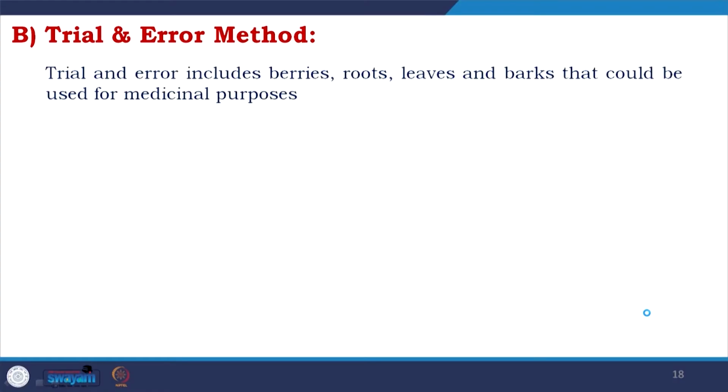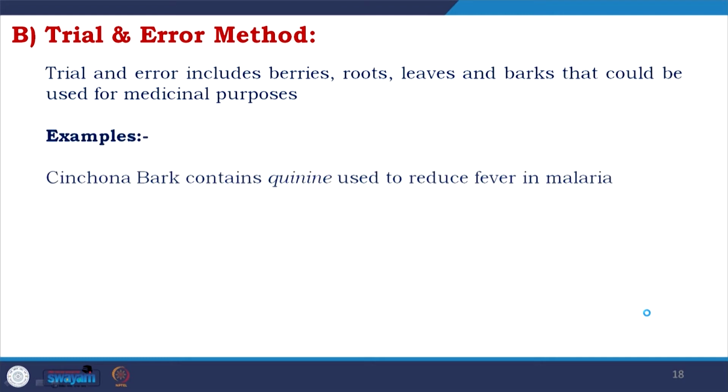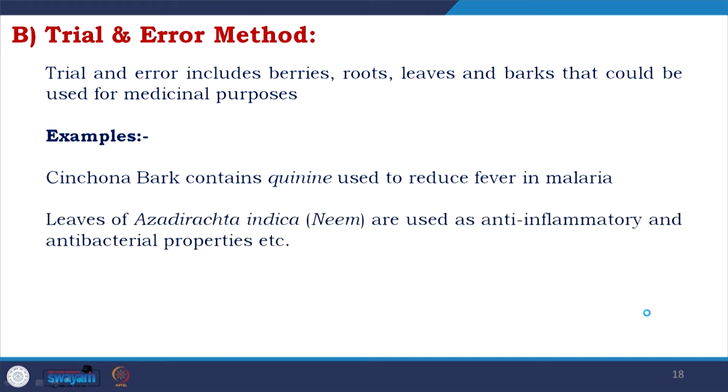Coming to trial and error method. Trial and error includes berries, roots, leaves and barks that could be used for medicinal purposes. Few examples are cinchona bark contains quinine, which is used to reduce fever in malaria.